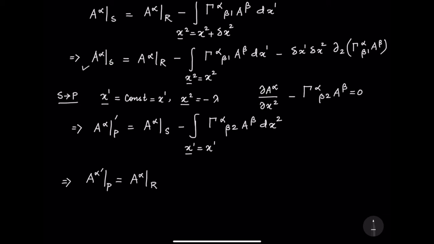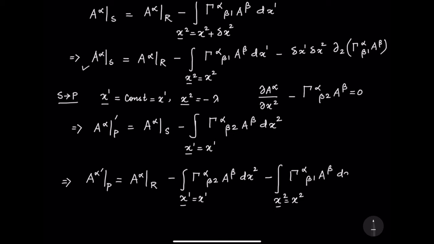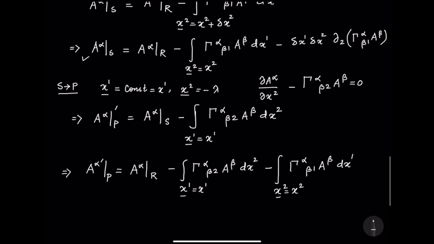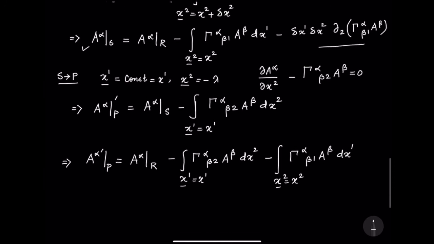So this is R. I have x1 constant, this with x2 constant, this, and that extra term, which will come out to be the all important term.